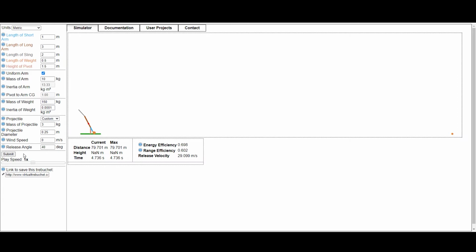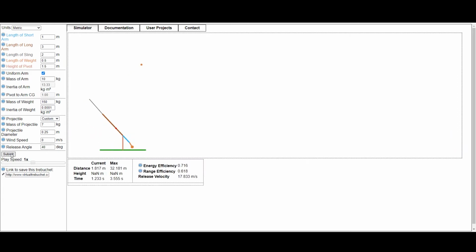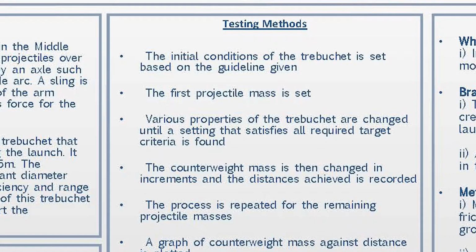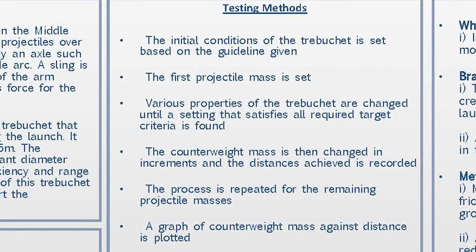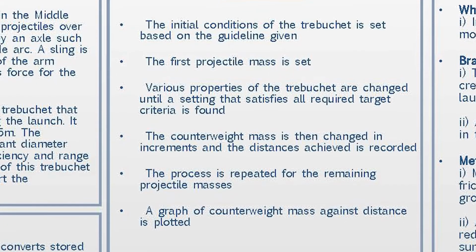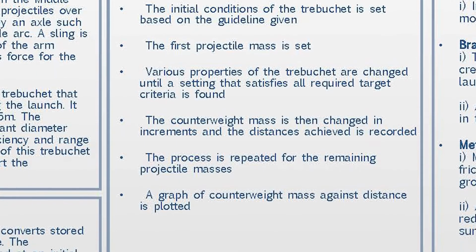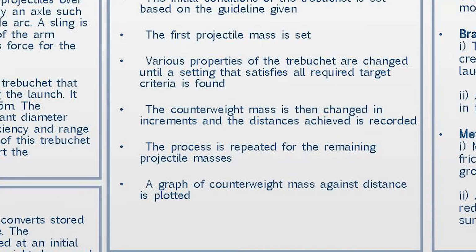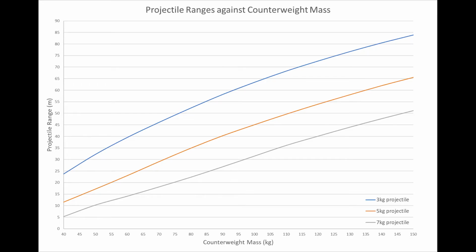Then, the counterweight mass was changed in increments and the distance achieved was recorded. This process was repeated for the remaining 5 kg and 7 kg mass, and a graph of counterweight mass against distance was plotted. From this graph, the counterweight mass to achieve the required distance for each projectile mass can be found, and the correct counterweight mass can be set.